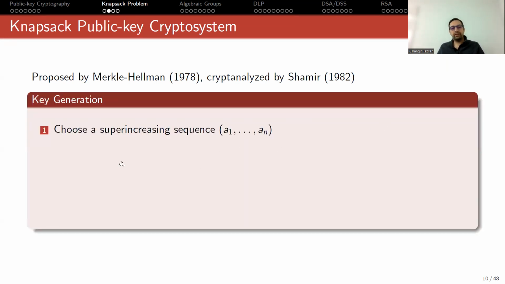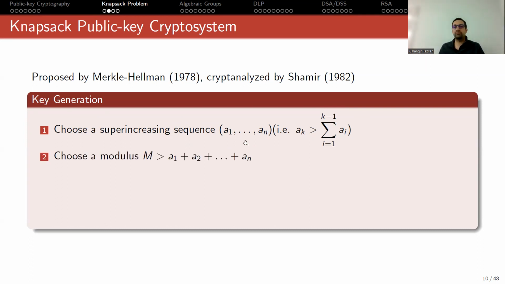Key generation works like this. Choose a super increasing sequence a_i. Here I use a new term, super increasing. This means that the sum of the first k-1 a_i should be less than the next a_k. So a_2 should be larger than a_1. a_3 should be larger than the sum of a_1 and a_2, and so on and so forth.